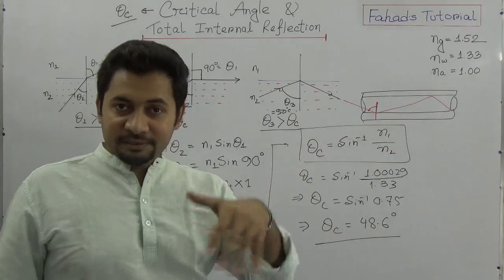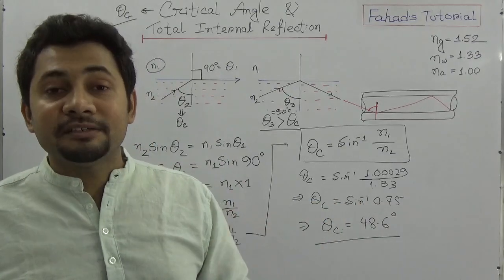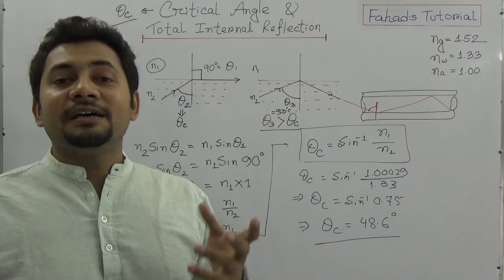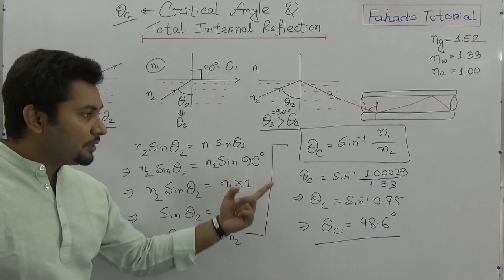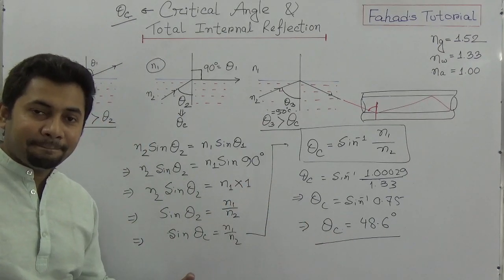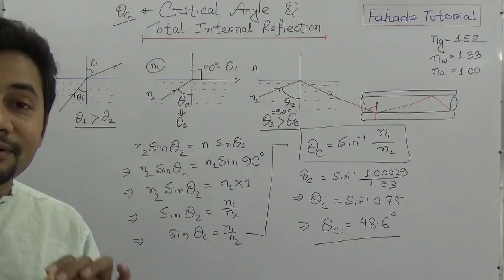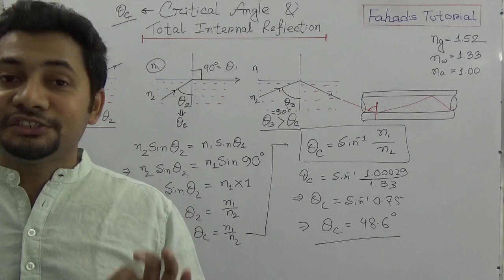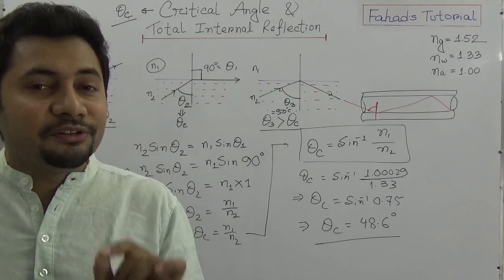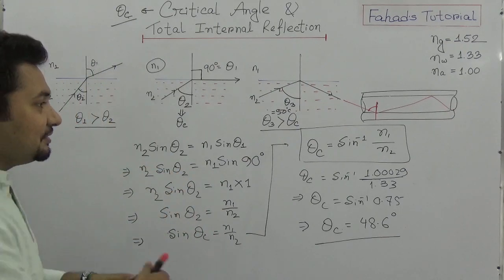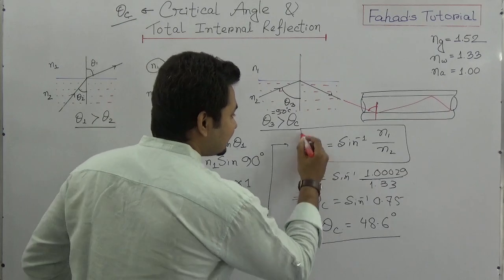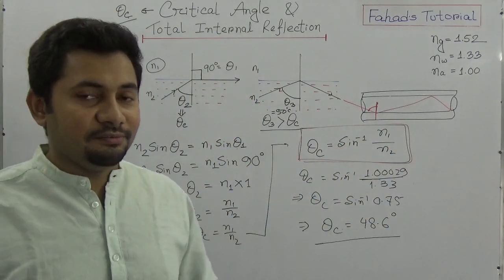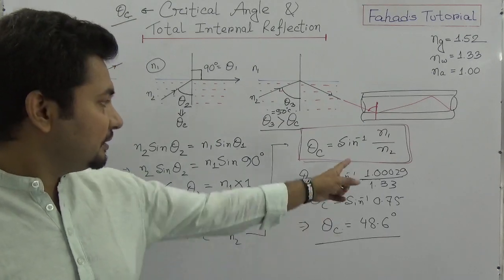These things happen. I'm coming up with another video explaining the optical fiber, rainbow, prisms, binocular, periscope, like this. I hope you understand this process. So this is about the critical angle and the total internal reflection. You need to know the definition properly. You need to know the concept. If you know these things, and the theta c formula, I hope you can solve it.